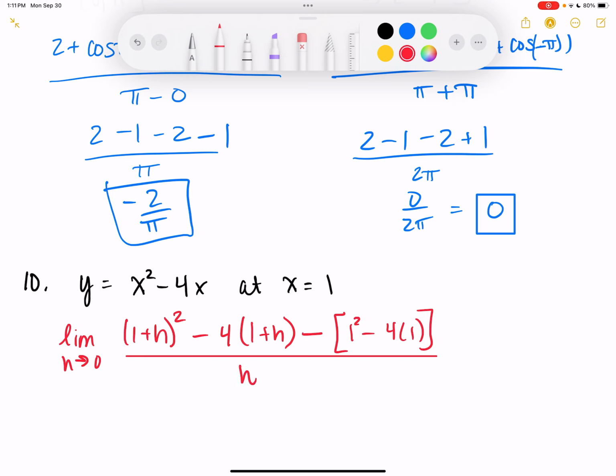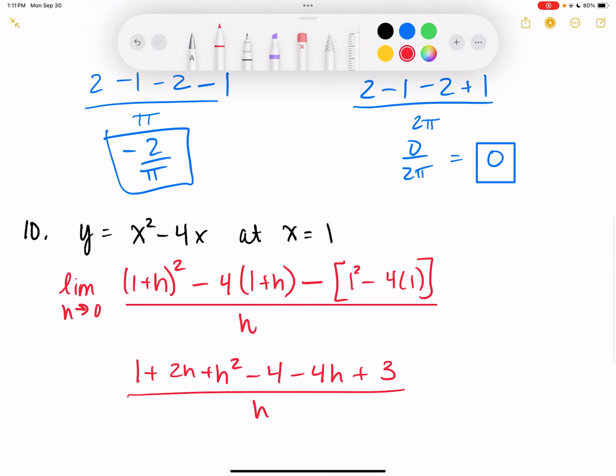So I'm going to factor or FOIL, whatever you want to say, distribute and combine like terms. So this is 1 plus 2h plus h squared. It's a perfect square trinomial. Minus 4 minus 4h. Then over here, 1 minus 4 is negative 3 times the negative, so plus 3 all over h.